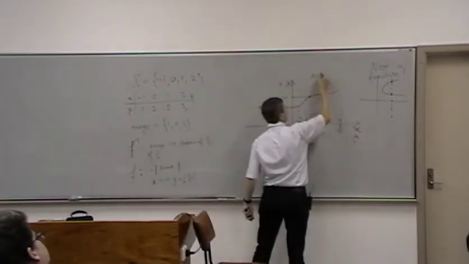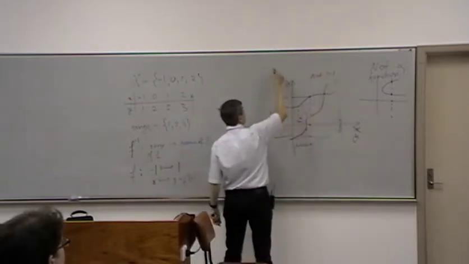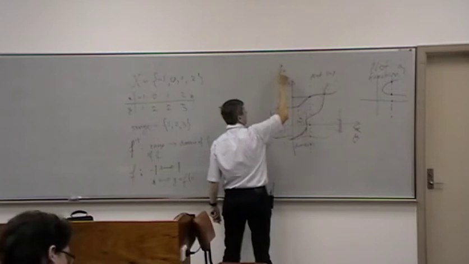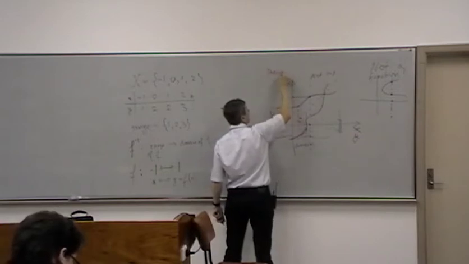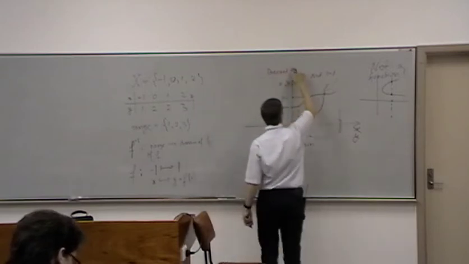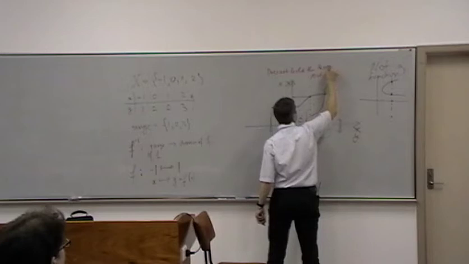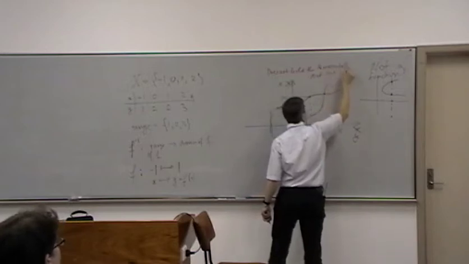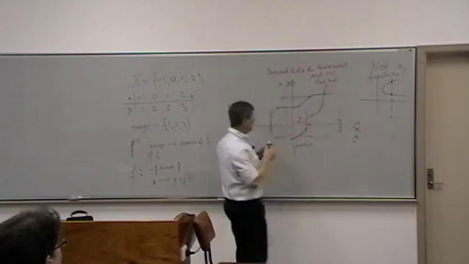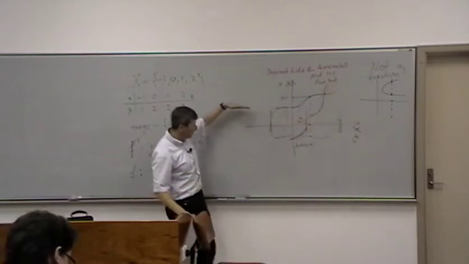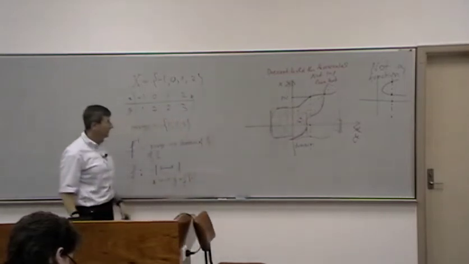So this is not one-to-one, and we can see that it does not hold the horizontal line test. Horizontal line test means you look at horizontal lines, how many times they hit the curve.